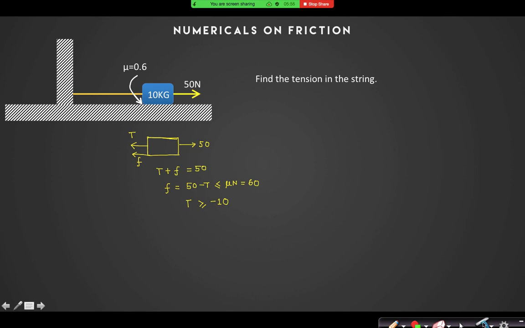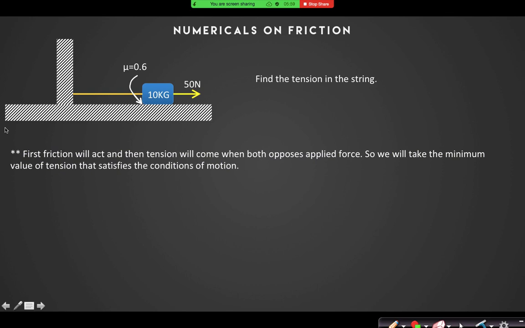That is why we can find a particular value. I have also written this here: first friction will act and then tension will come when both oppose the applied force. So we take the minimum value of tension that satisfies the condition of motion. That you need to remember.